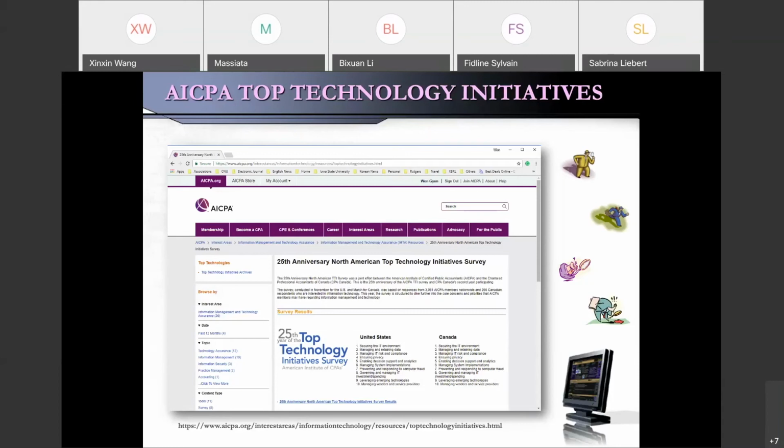So IT will affect how you work in the future. The AICPA 2013 Top Technology Initiative Survey, right? It is very important for CPAs to stay up to date on the latest technology initiatives, to advise their clients, customers, and employers on what kind of strategies the firm should take.